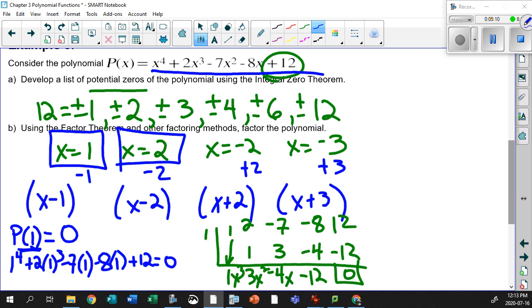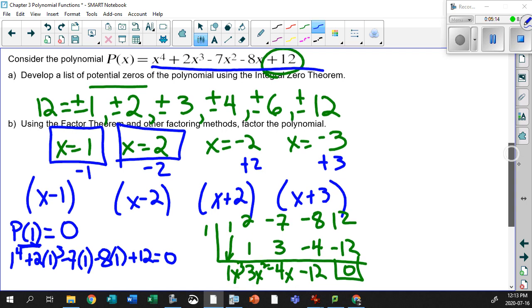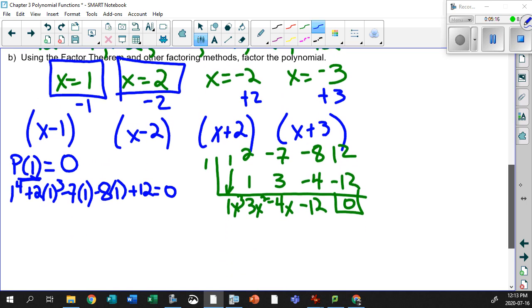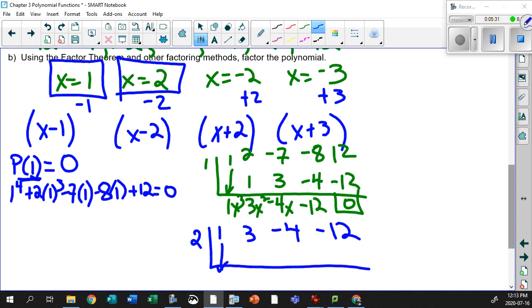Now, I know that this guy works as well because I found it to be 0 on my calculator. Okay, so with that in mind, I'm just going to take this one more step. I'm going to take the 2 here and just go directly like I did in the last problem, put these values down from what I just determined, right? Minus 4 and minus 12, and I'm going to use them. There's 1. 1 times 2 is 2. That's 5. 5 times 2 is 10.